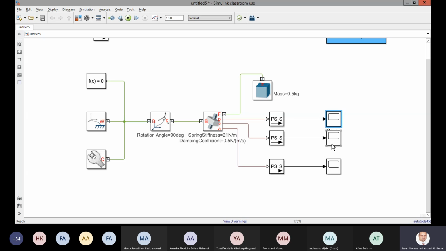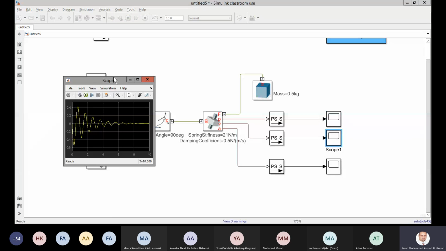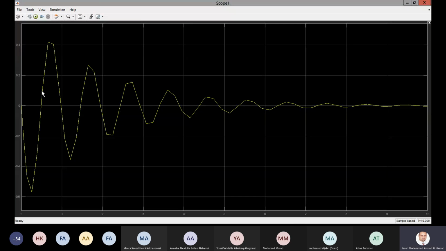What about the velocity? This is the scope of the velocity. It started from rest, 0. Then it starts at a certain velocity. Of course, you have to always remember that the velocity is the derivative of the position, until it went back to rest after 8 seconds.